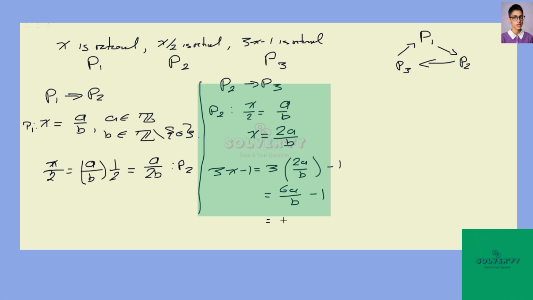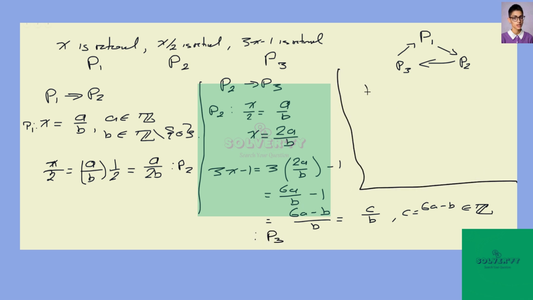Then this can be written as 6a minus b over b. So we can write this as c over b, where c is equal to 6a minus b, which is some integer. Therefore, this is a rational number because it's some integer divided by some integer that's not equal to 0. So we've just proven proposition 3.